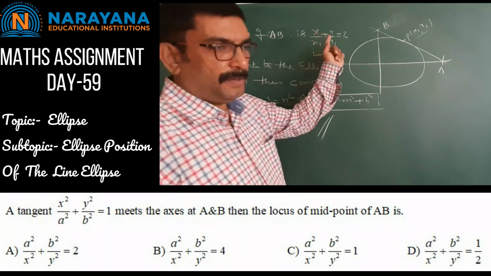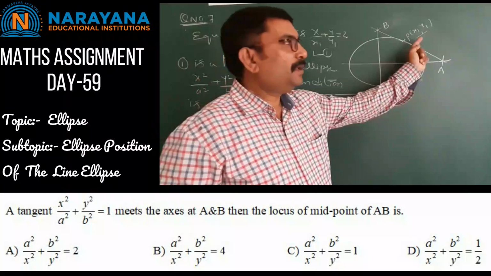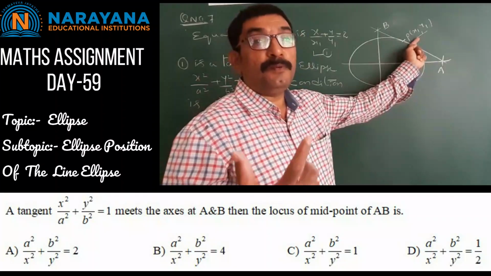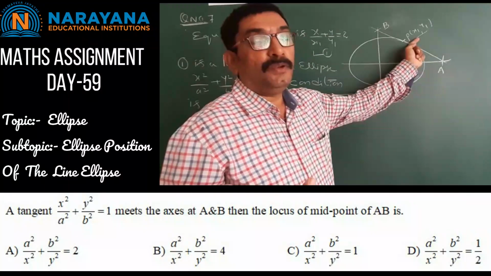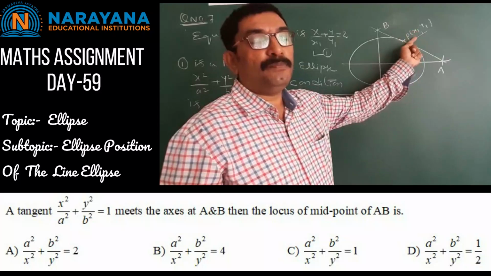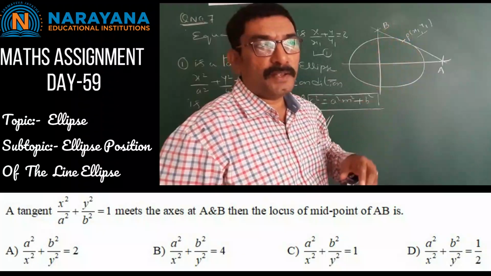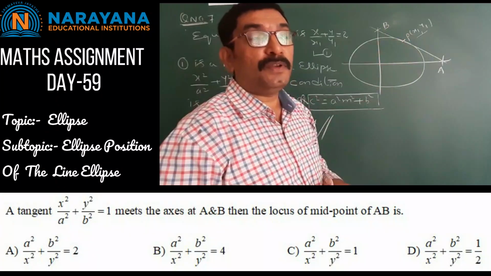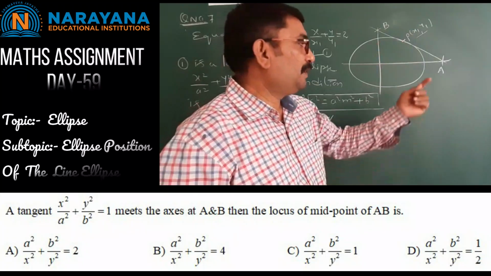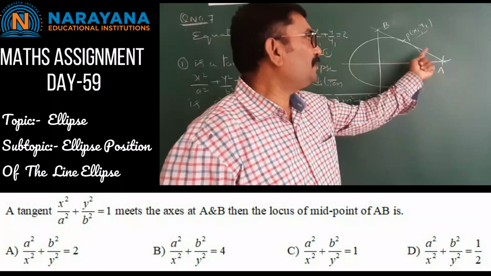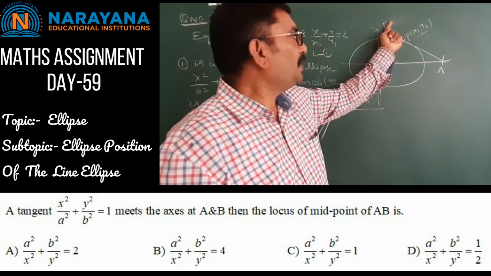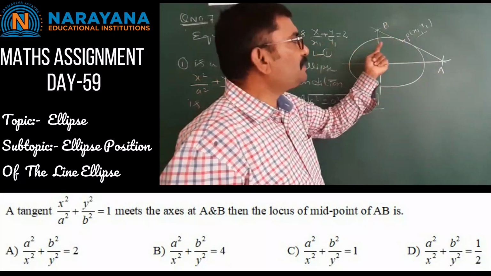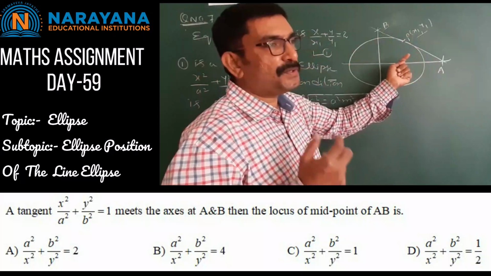The line AB having (x1, y1) as a midpoint, by using intercept form x by a plus y by b is equal to 1. If I take this as (a, 0) and this as (0, b), we have proved already that a is equal to 2x1 and b is equal to 2y1.